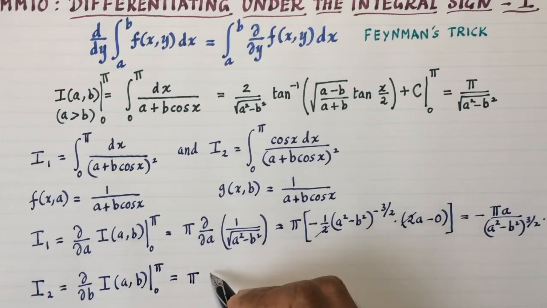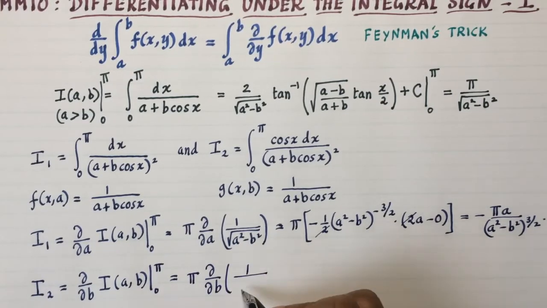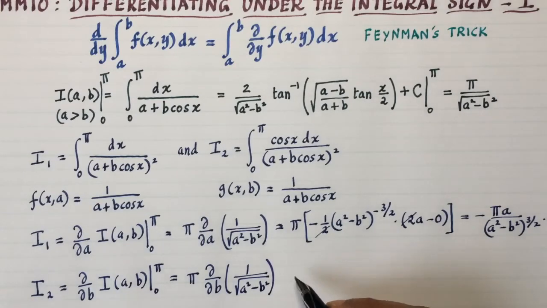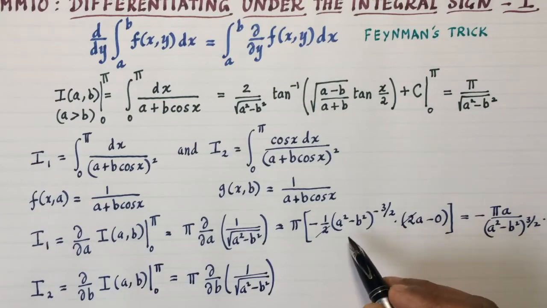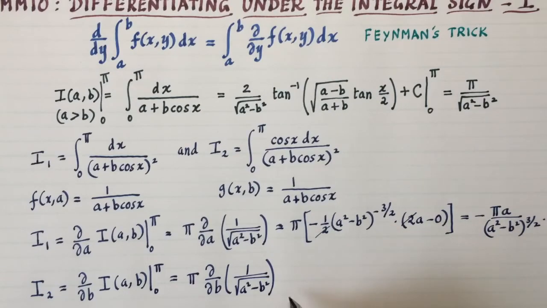So this is pi del by del b of 1 over the square root of a squared minus b squared. The only difference between this and this is the factor b.